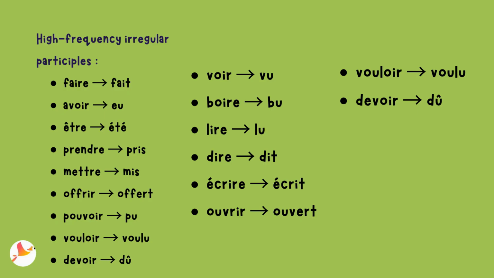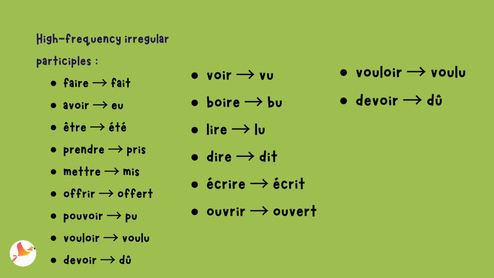Again, we have to remember French and languages in general have irregular patterns. So those that break the rule that we just saw have to be learned by heart. So the verbs that are irregular have a different past participle structure and you just have to learn it by heart.